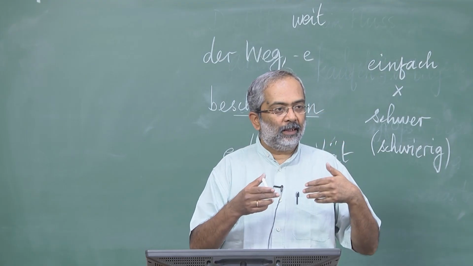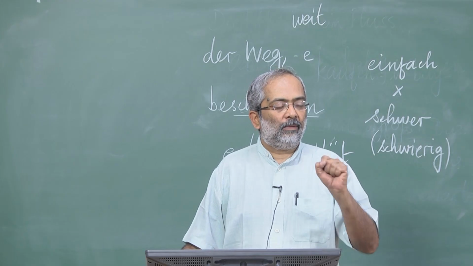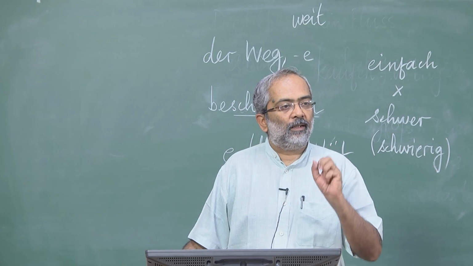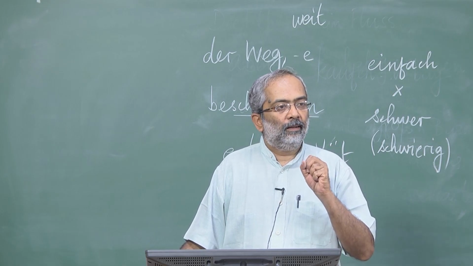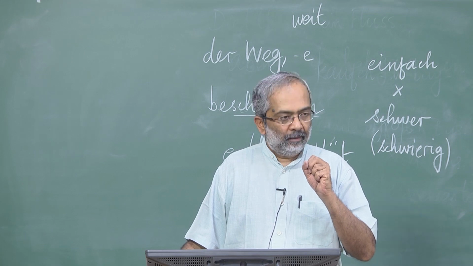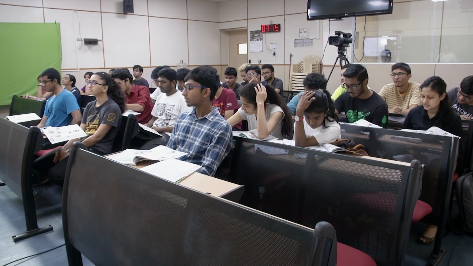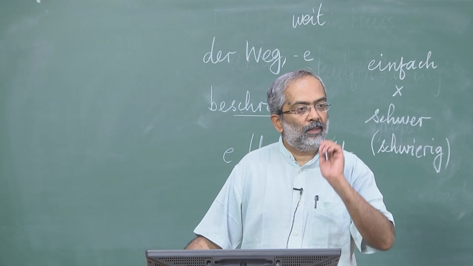Yeah, shall we repeat that? Yes. Okay. Entschuldigung, ich habe eine Frage. Wo ist bitte Gajendra Circle? Ja. Gehen Sie links, dann gehen Sie geradeaus. Geradeaus. There are two components to the word, gerade and aus. Okay. Geradeaus.